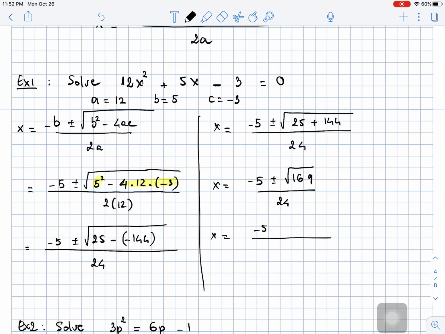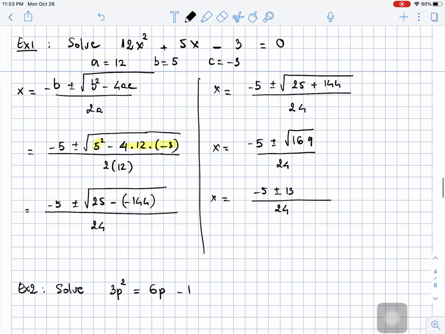Then x equals negative 5 plus or minus, and it becomes plus between the 25 and the 144. Then we add the two numbers together and we get 169. And 169 is a perfect square number.